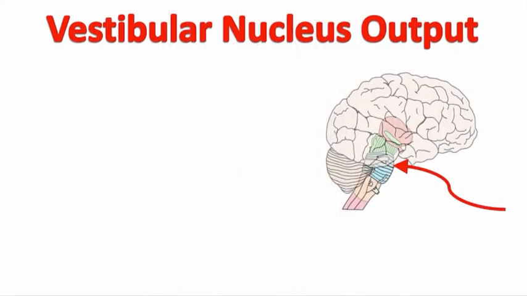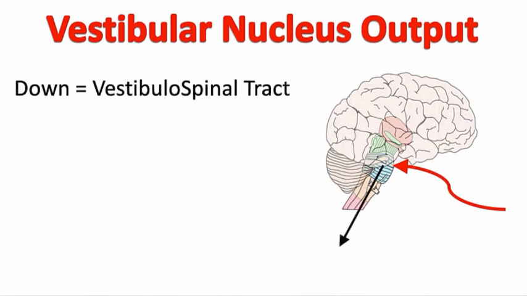Now, I'd like to focus on the vestibular nucleus output. We've discussed the input from the otoliths, we've discussed the input from the semicircular canals. So now let's focus on the output, which is where our applied kinesiology examination protocols are going to help us. So first of all, the red line indicates the location of the vestibular nuclear system.